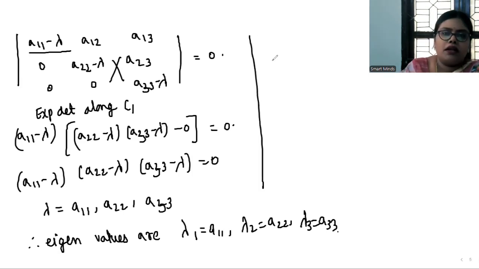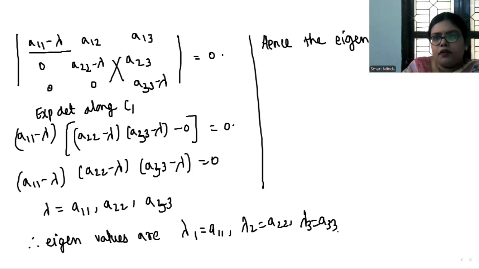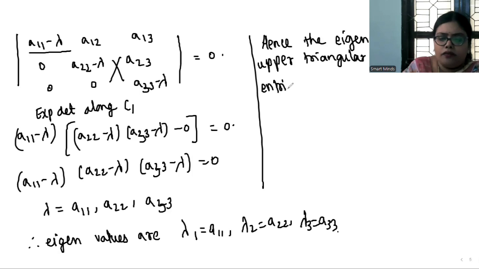Now you can conclude, hence the eigenvalues of an upper triangular matrix are the entries of its main diagonal.